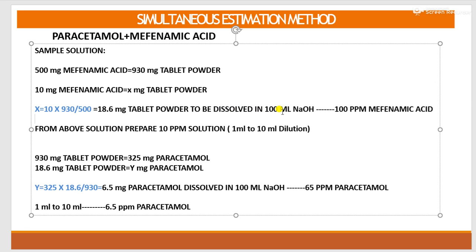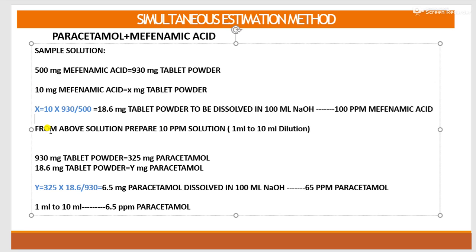Slowly add some volume of NaOH, sonicate it and make up the volume up to 100 ml to get 100 ppm of mefenamic acid. Why will this solution have 100 ppm of mefenamic acid? Because 18.6 milligram tablet powder contains 10 milligram of mefenamic acid, and 10 milligram dissolved in 100 ml will produce 100 ppm.